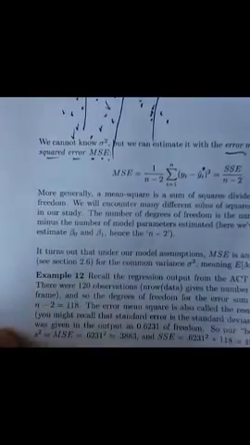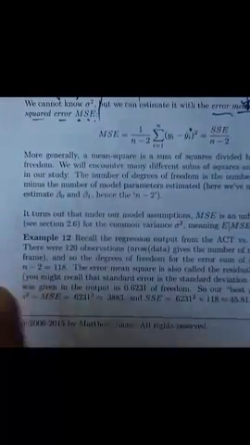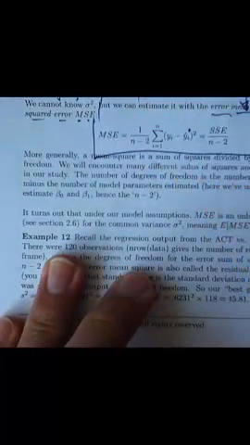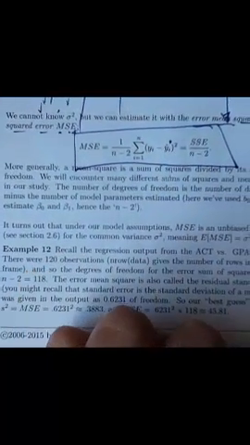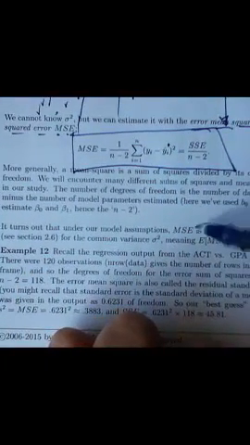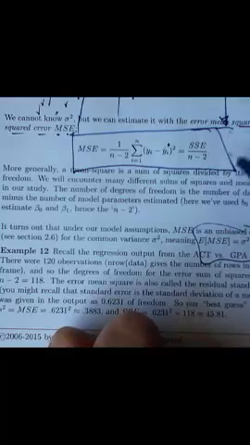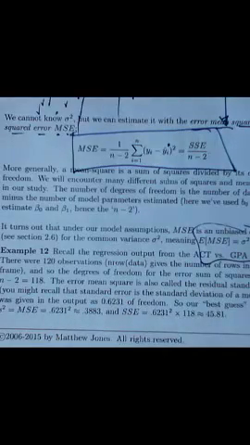It turns out that under our model assumptions, this mean squared error is in fact an unbiased estimator for sigma squared. That is, the expected value of this quantity is sigma squared. So it's a good way to estimate the common variance.